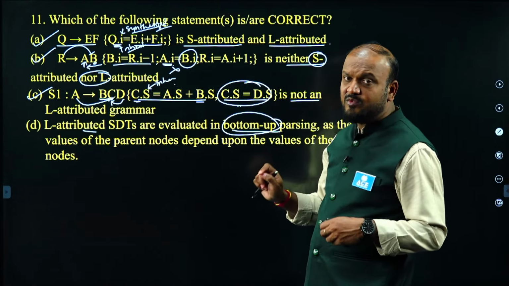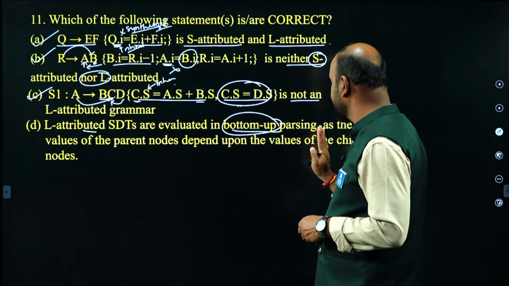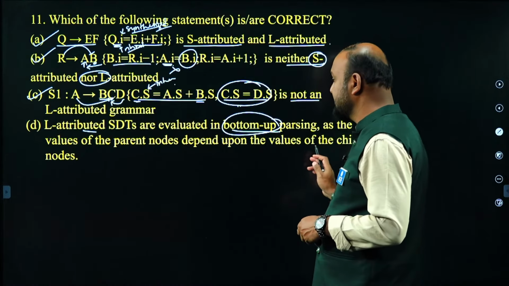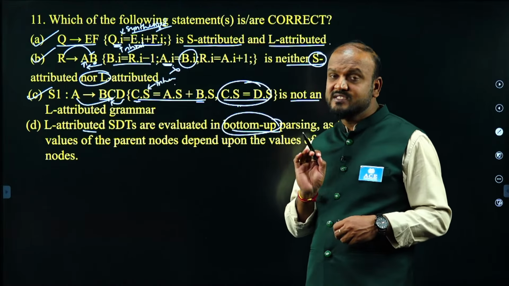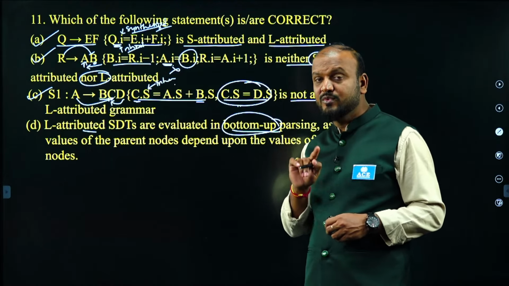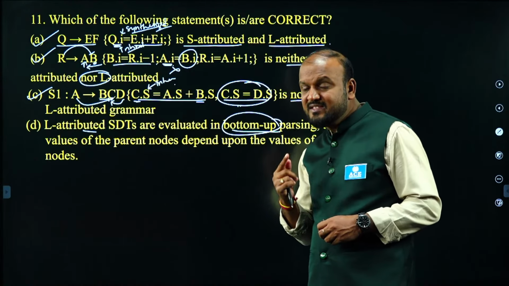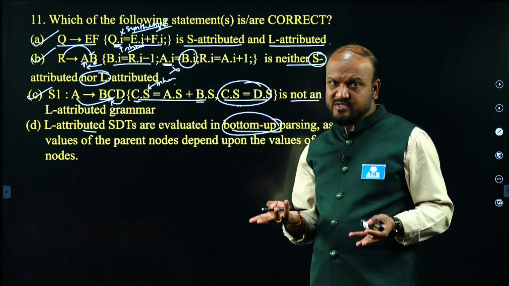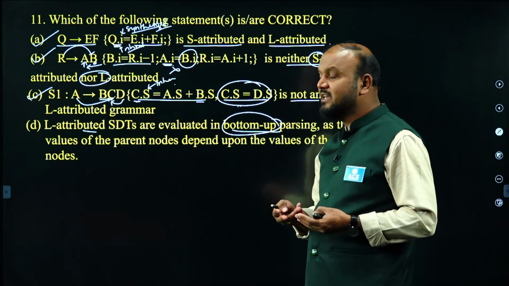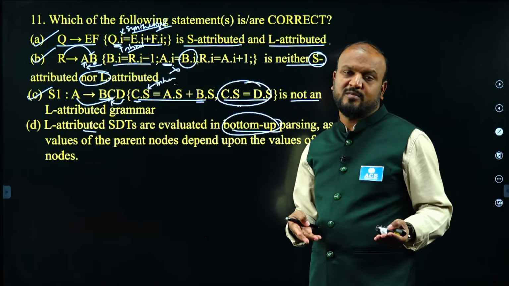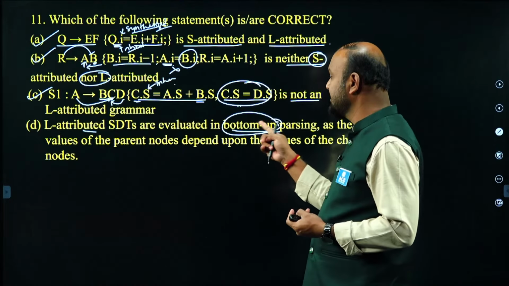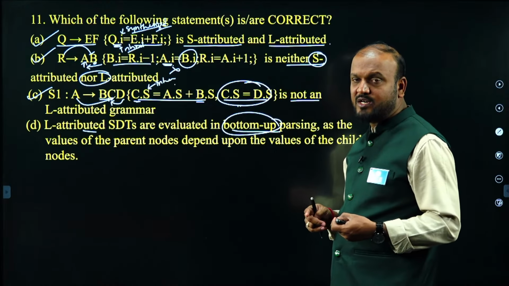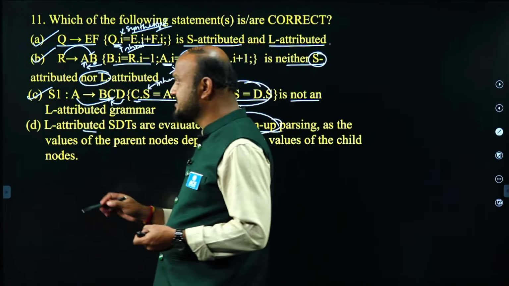If all attributes are synthesized, bottom up is okay, as the values of the parent nodes depend upon the values of the child nodes. This is only in the case of synthesized attributes, but here inherited attributes are not talked about. If there are inherited attributes, bottom up evaluation is not possible. Why? Because an L attributed definition can allow inherited attributes also. Can it be possible to derive them from a bottom up traversal? No. So D is wrong.